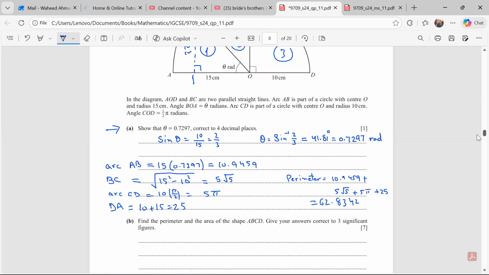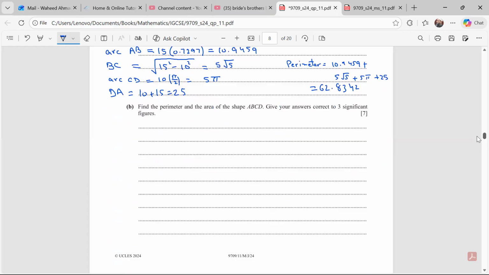For the sector AOB, the area of the sector, remember, we find the area of a sector using the formula half theta r squared. So half, theta is 0.7297 radians, and r squared is 15 squared, since the radius is 15.